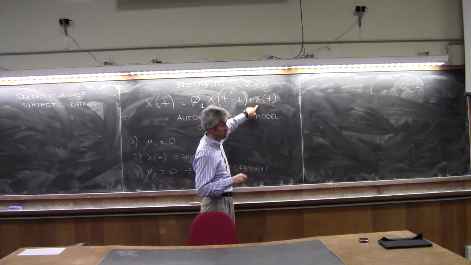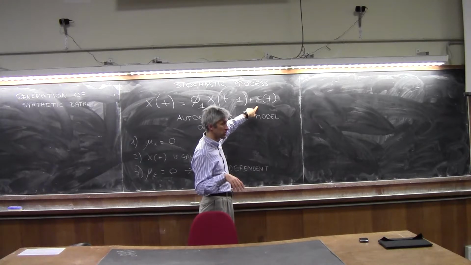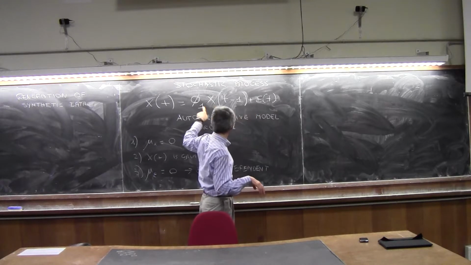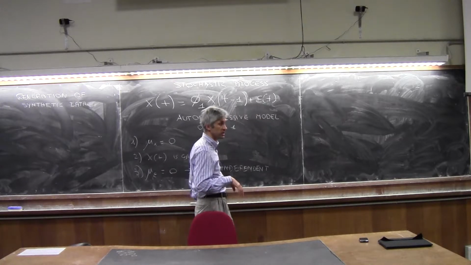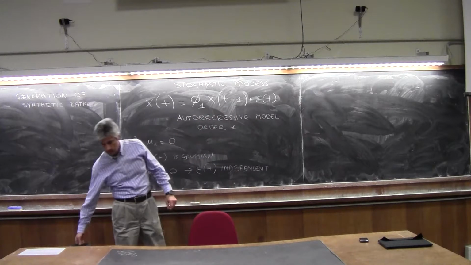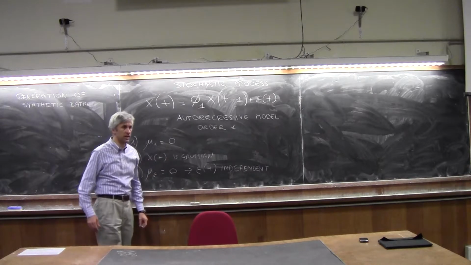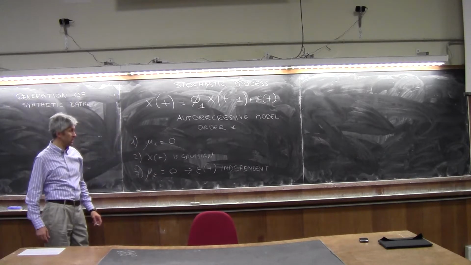You also know that the distribution is zero mean, so strictly speaking, you just have to estimate the standard deviation of epsilon. So when you get to generation of synthetic data, you already know phi1, and you already know that epsilon is Gaussian, zero mean, and with assigned standard deviation.